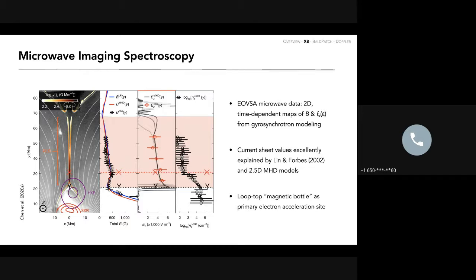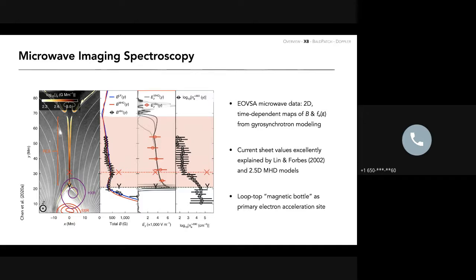2.5D MHD model, inspired by the Lin and Forbes model, which is the analytical model of a 2D flux rope eruption. So now they can run a 2.5D MHD model, and by only adjusting a few geometric parameters, they are able to fit the 2.5D MHD model to the observations extremely well, the morphology, right?